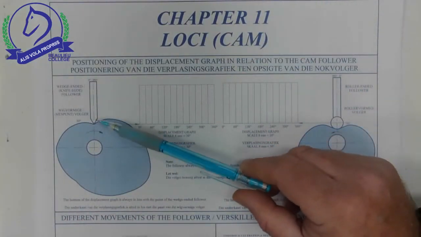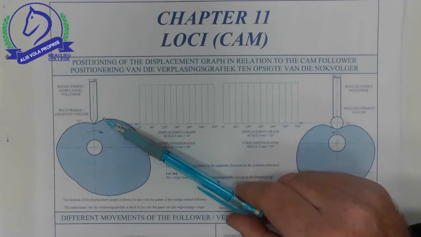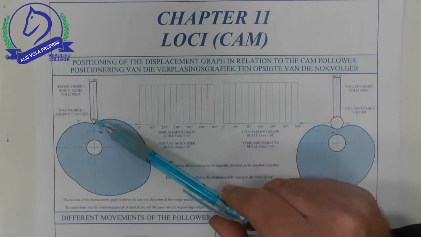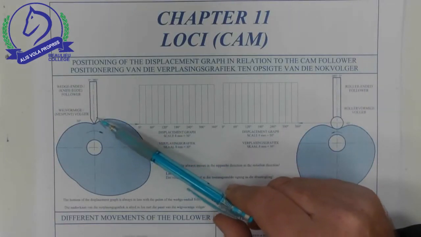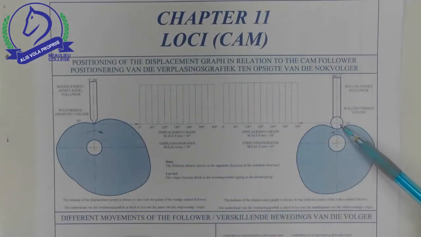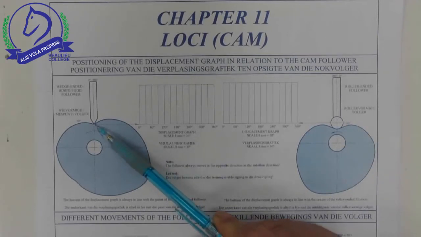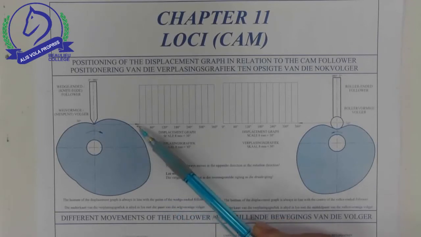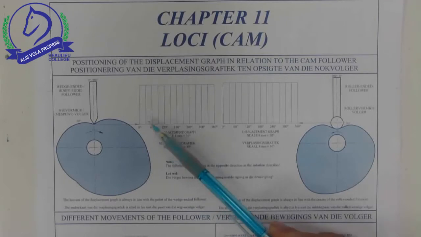You get two different types of followers. You get a wedge or knife-edged follower, and you get a roller follower. Now the big difference here is that if you have the wedge, it lines up with the exact point on the graph.